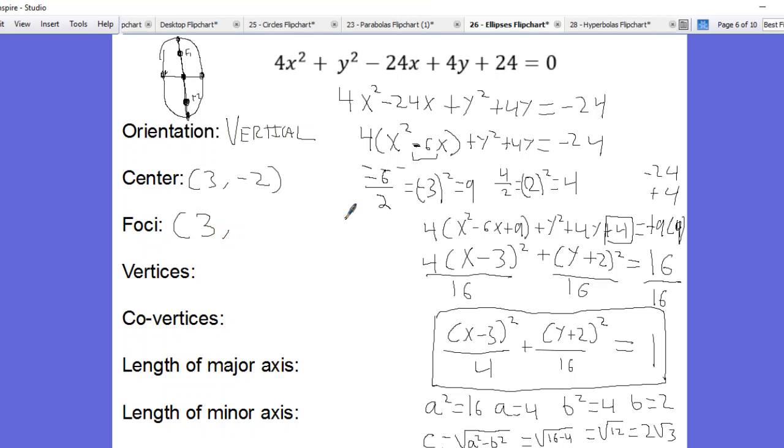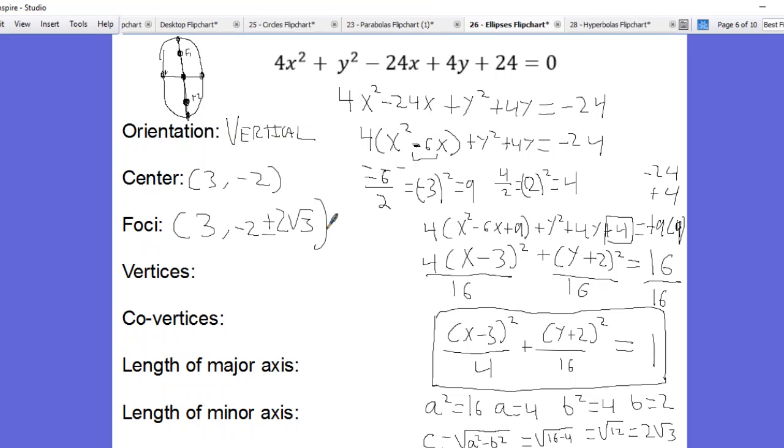And now we have to find the y-coordinates of the foci. Remember, the foci are c units up and down from the y-coordinate of the center for a vertical ellipse. So it would be -2 plus or minus 2√3. That's absolutely correct.